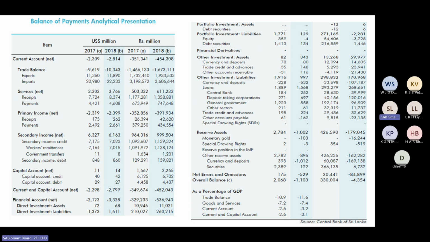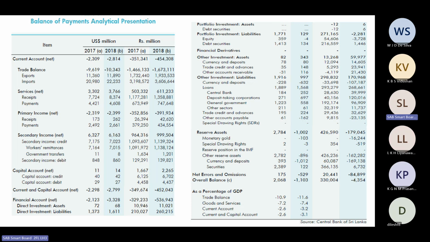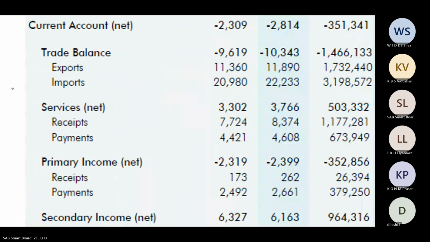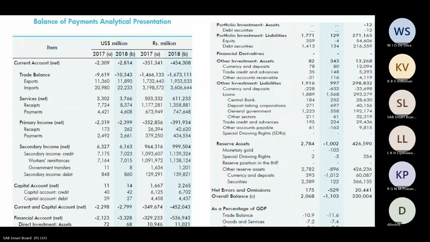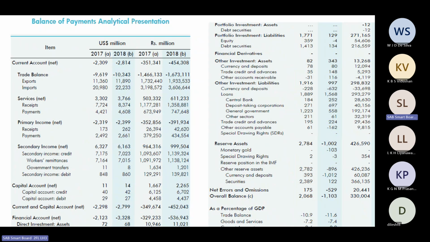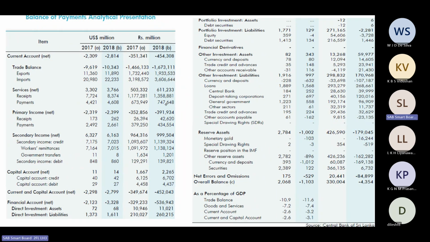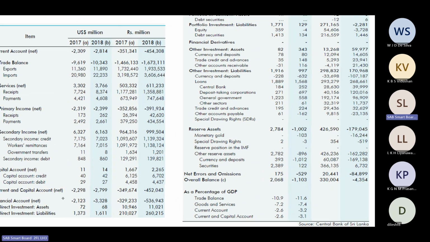Right, primary income. This is a previous figure from 2017-18, but you can refer to recent figures. There is no big figure. This is worse compared to this time period. From here onward is the capital and financial account.